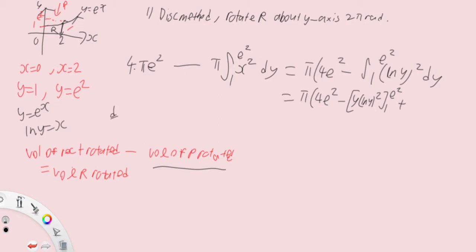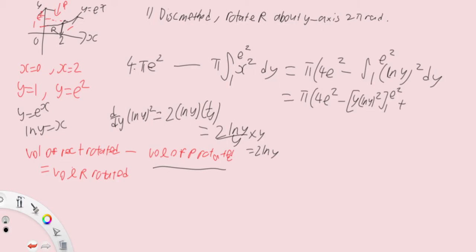Let's say d/dy of (ln y) squared: bring out the power to the front, reduce the power by 1, and then differentiate inside. So we get 2 ln y over y. Because I have to multiply by the original y, the y cancels, so I get back 2 ln y.